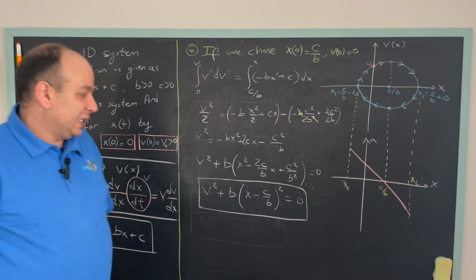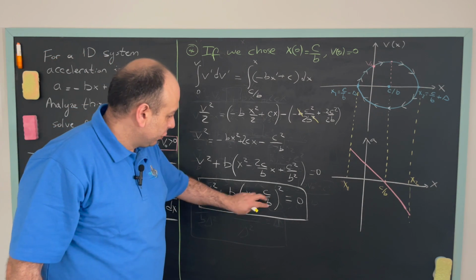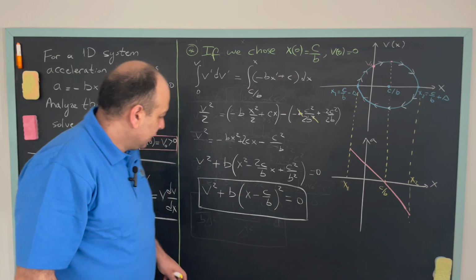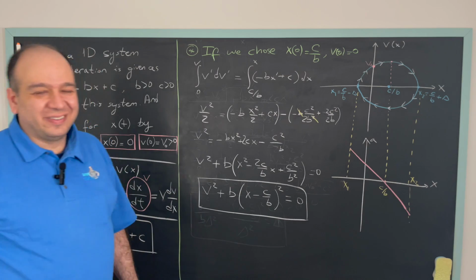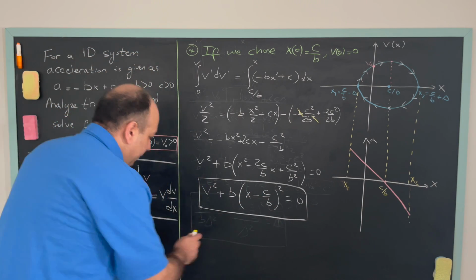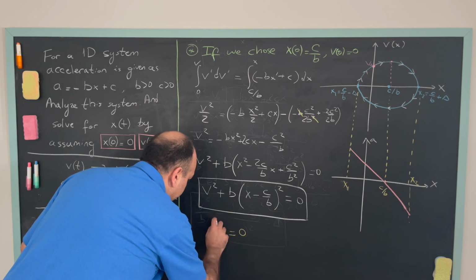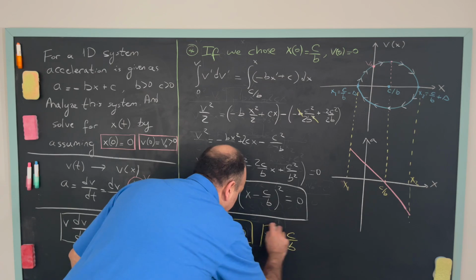So what does this tell me? Well, v squared is positive, and (x minus c over b) squared is positive. So a positive number plus a positive number is equal to 0. The only possible solution here is that v must be equal to 0 and x must be equal to c over b.